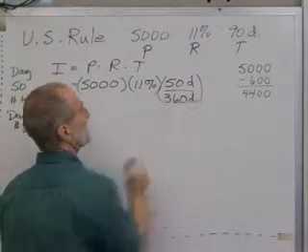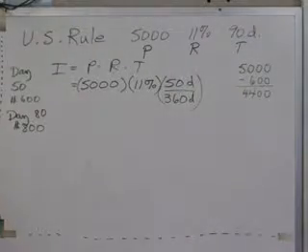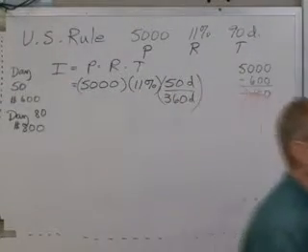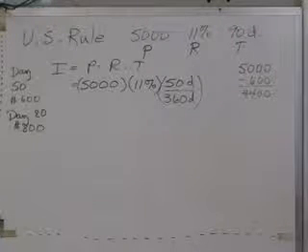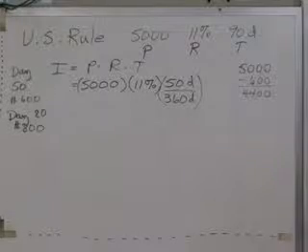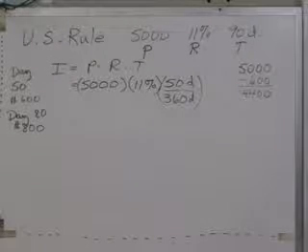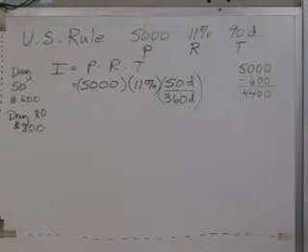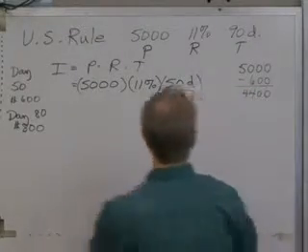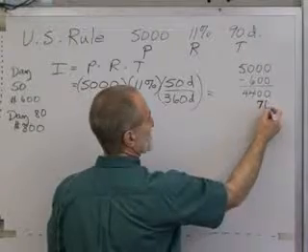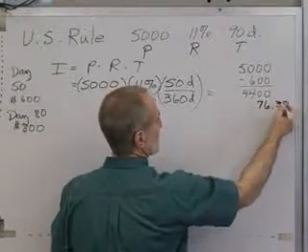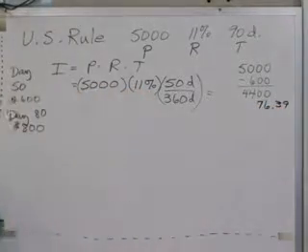So this is how much interest he owes when he walks in on day 50. So let's figure out what that is. Punch in 5,000 times 11% times 50 divided by 360 equals, to the nearest penny. What do we get? Everybody get 76.39 to the nearest penny?